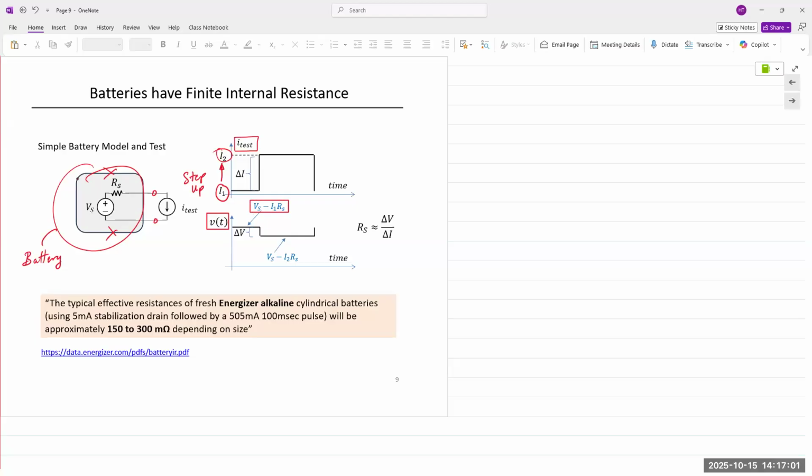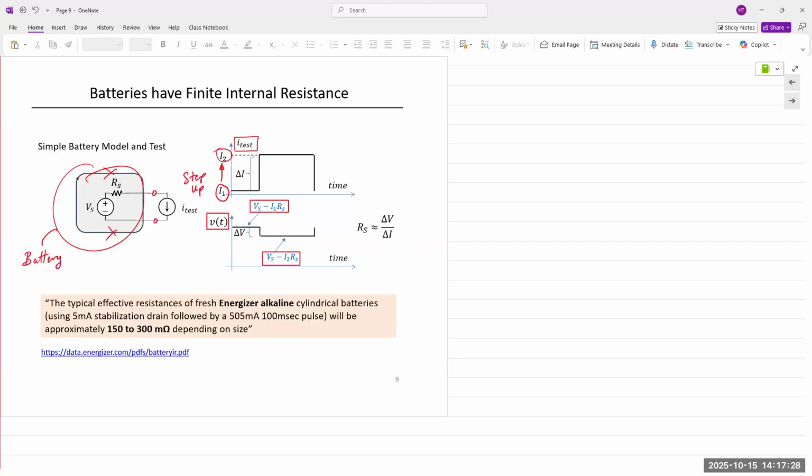So the voltage measured at the output terminals is Vs minus Is times Rs. Since we know Vs and we know I1, the current we are applying, we can find the value for that voltage.